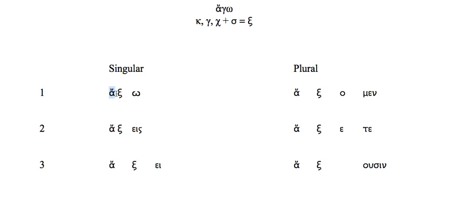So pronouncing, we have axo, axes, axe, axomen, axete, axusin. I will lead, you will lead, he, she, or it will lead, we will lead, you will lead, they will lead.